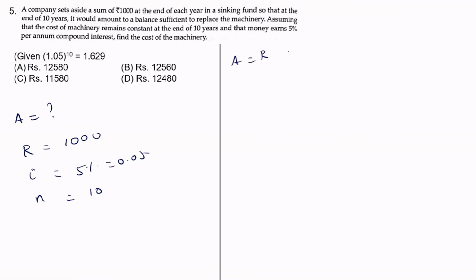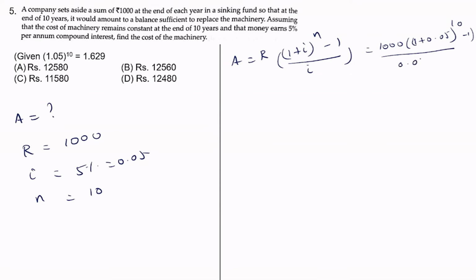So A is equal to R into 1 plus I the whole raised to N minus 1 upon I. So R is 1,000 into 1 plus 0.05 the whole raised to 10 minus 1 upon 0.05. So this is 1,000 upon 0.05, which is 1,000 into 100 by 5. So it is 20,000 into 1.05 the whole raised to 10, given as 1.629, minus 1.